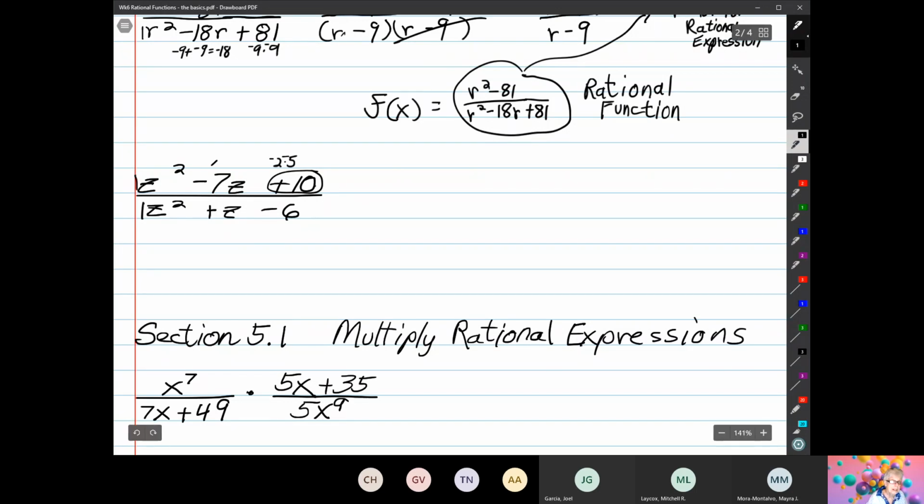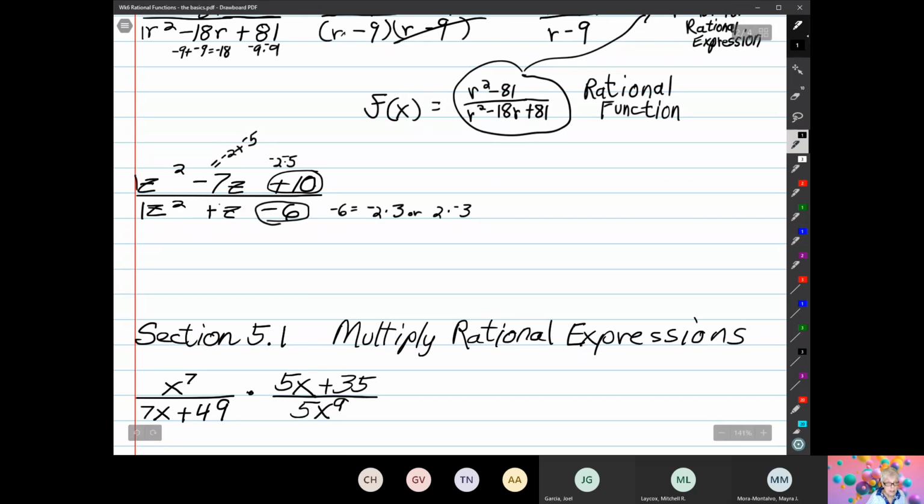And negative 7 equals negative 2 plus negative 5. So we've taken care of that. Now, over here, negative 6 will equal, well, we know 6 equals 3 times 2. So negative 6 is going to equal negative 2 times positive 3, or positive 2 times negative 3.